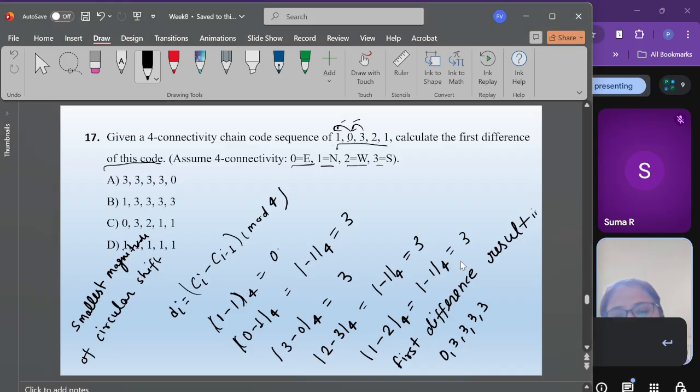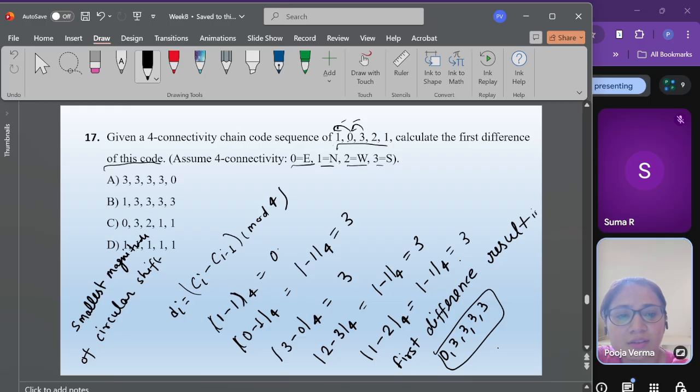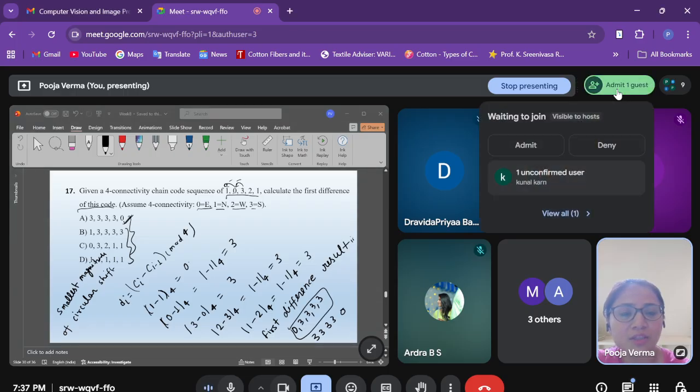Going to the options, they are asking for the smallest, but in the options they have given 33330, which is not the smallest one, because if we shift it further, the next shift also gives a 0 first, so this is not the smallest. The options given do not match. So first check the smallest one.